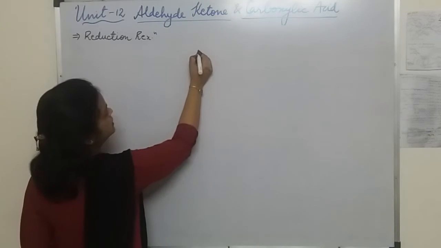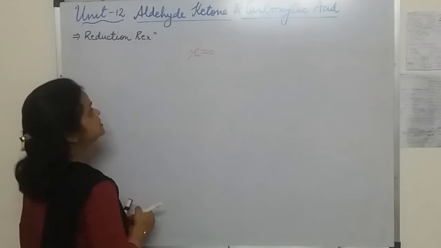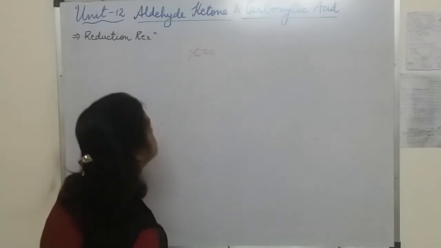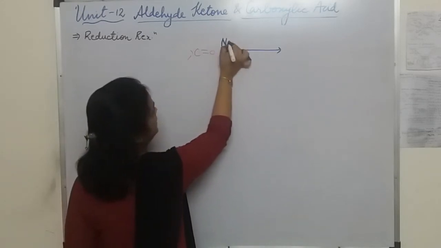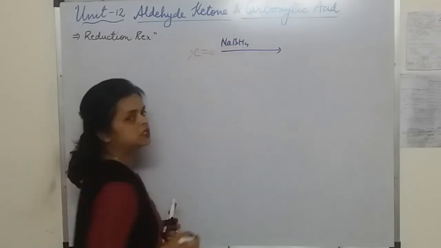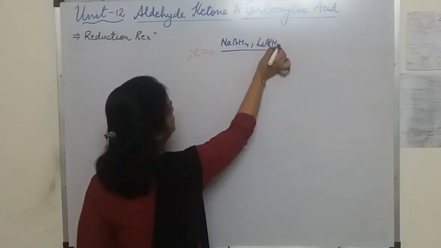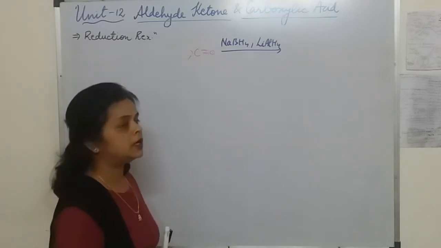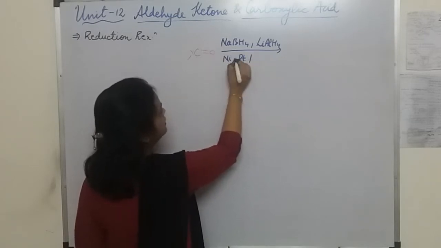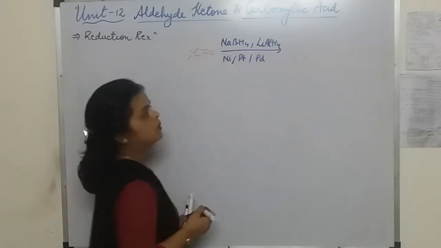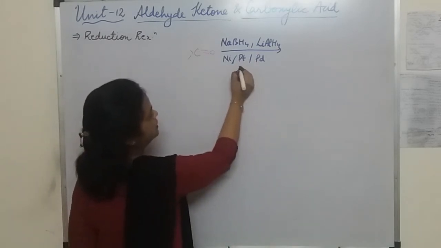Here we are taking the carbonyl compounds. When it is reacting with any reducing agent like NaBH4, sodium borohydride, or lithium aluminium hydride, LiAlH4, or any metal like nickel, platinum or palladium, then the reduction process takes place, and the addition of hydrogen takes place.